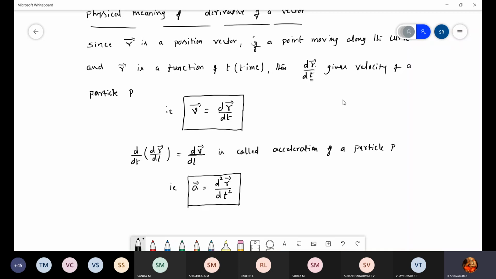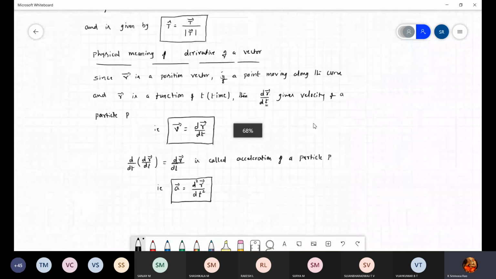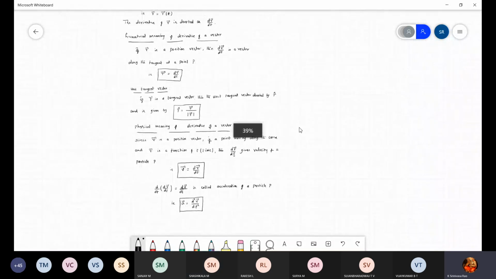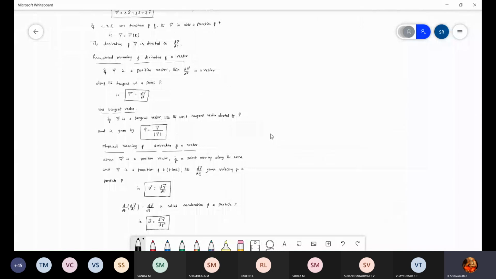Is there any doubt in this geometrical and physical meaning? Okay, very simple. They will give r, or you have to construct r, and it should be in terms of t only. No other variable is allowed; you have to convert.